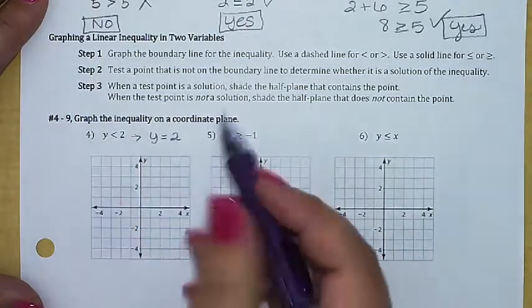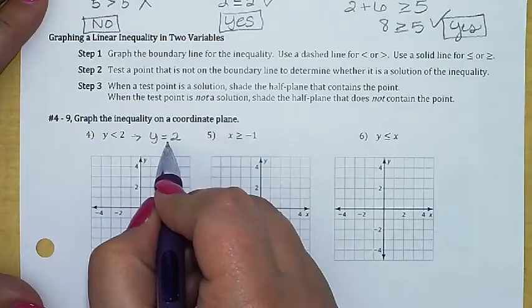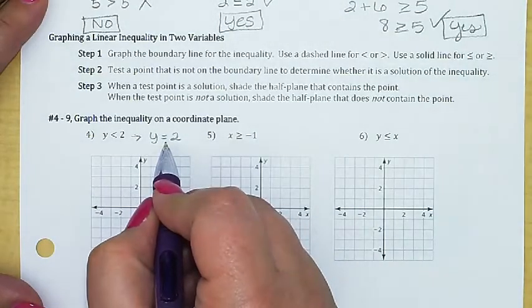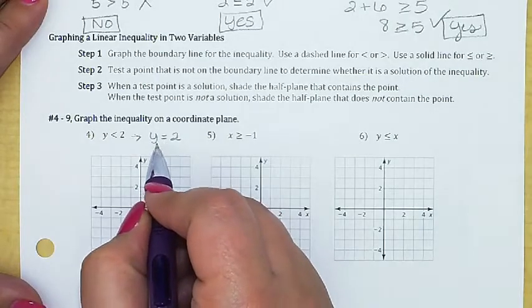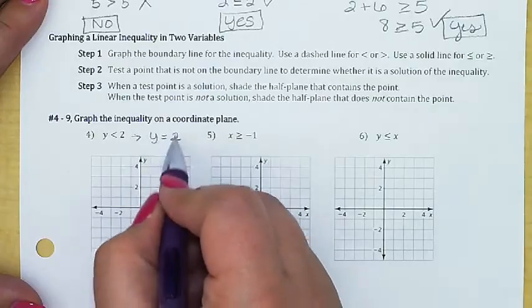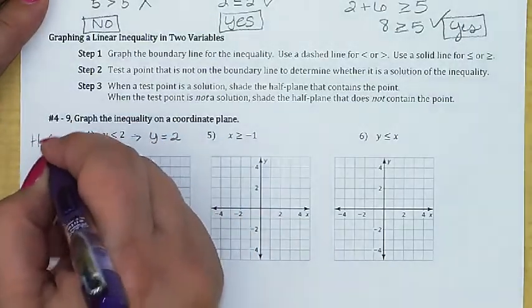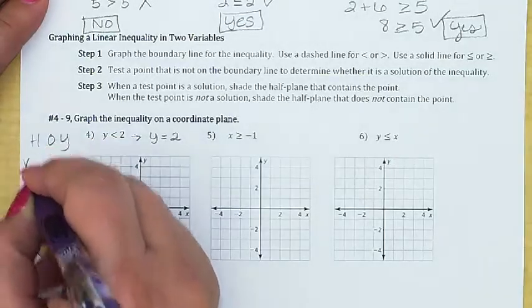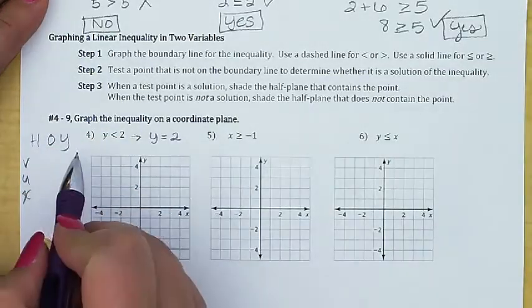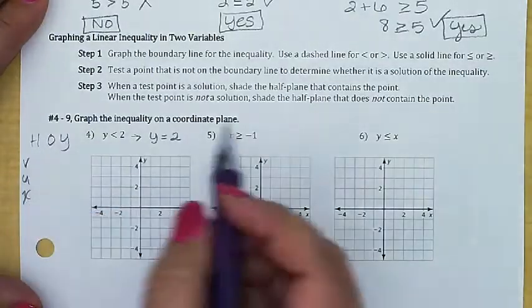So let's try number 4. If I take y is less than 2 and change that temporarily to an equation, it's the equation y equals 2. So I'm going to graph this line. Hopefully this rings a bell with our little reminder that when I have an equation that's just y equals a number, that's a horizontal line with a slope of 0.